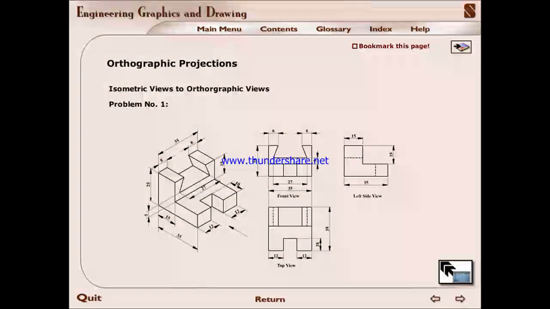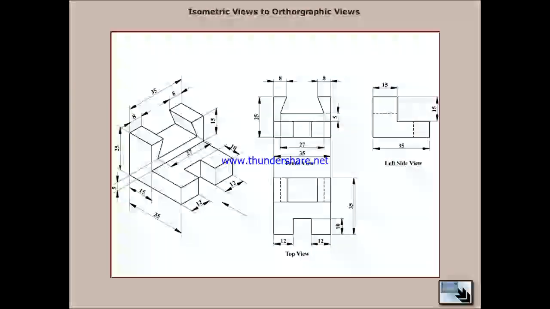Once again, the previous views will be repeated. We will see how it will be viewed in isometric views to orthographic views.